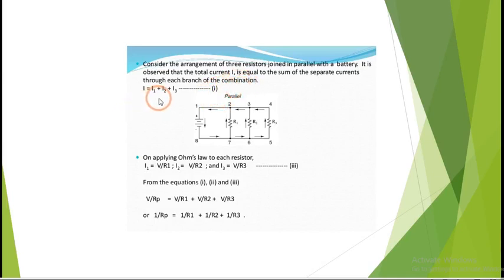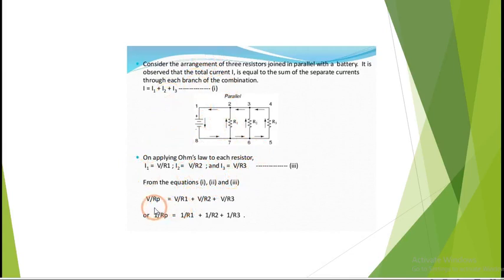So I will become I1 plus I2 plus I3. According to Ohm's law, V is equal to IR, so the value of I is V upon R. Let's find out the values of I1, I2, I3 individually. I1 becomes V upon R1, I2 becomes V upon R2, and I3 is equal to V upon R3.